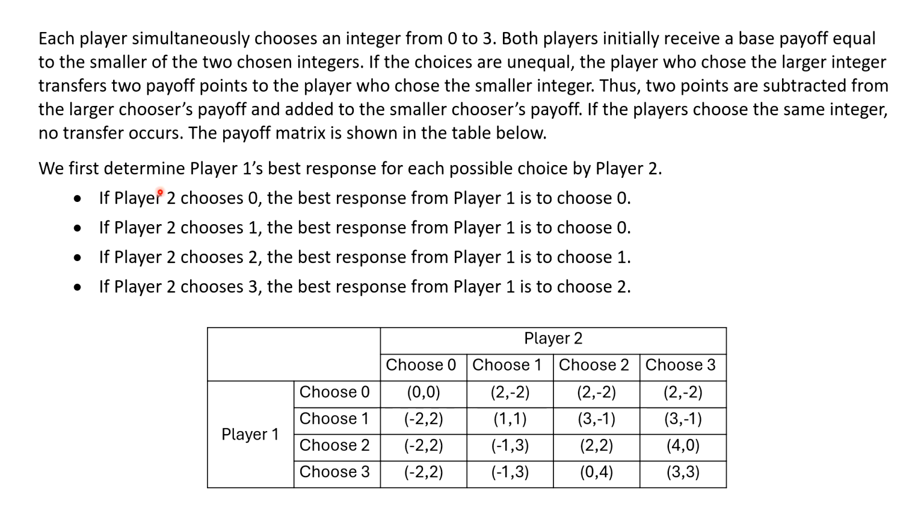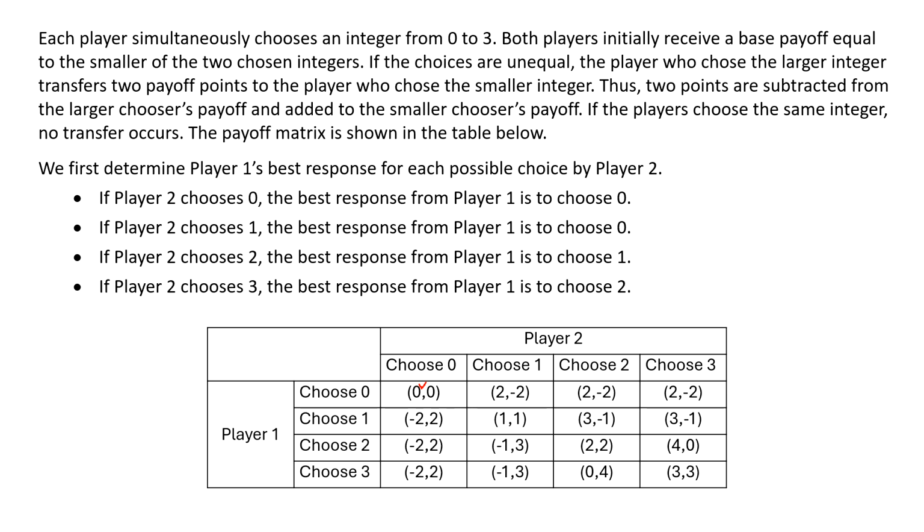So getting back to the algorithm, we first determine player 1's best response for each possible choice of player 2. So maybe I should draw on the slide. So if player 2 chooses 0, the best response from player 1 is 0, right? Put a mark there.